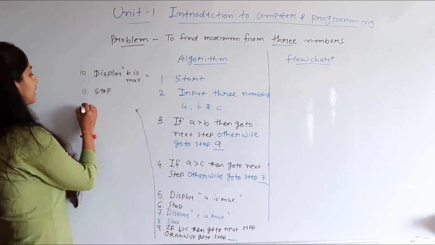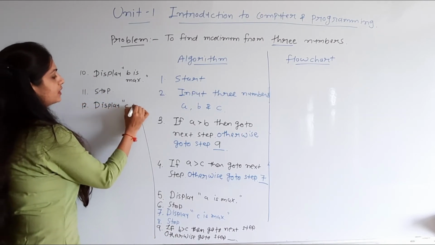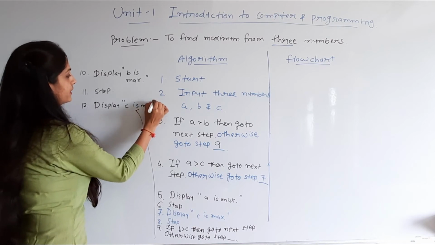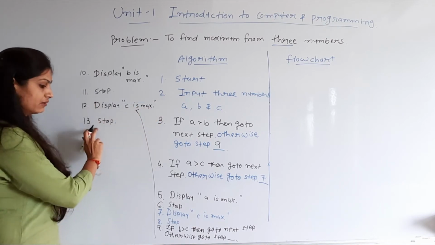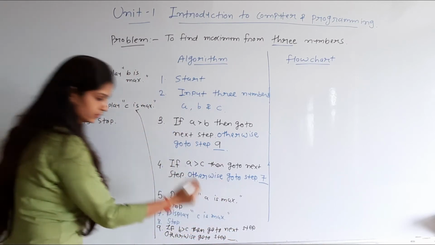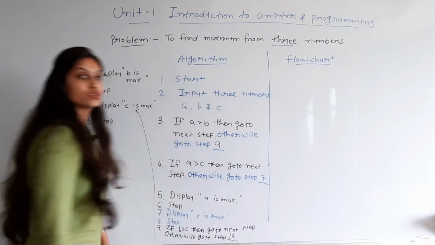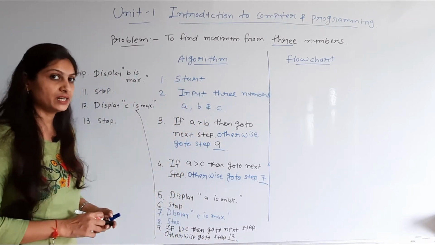So again you can write here display C is max. And then last is stop. So here the step we have to find in the otherwise part is number 12.